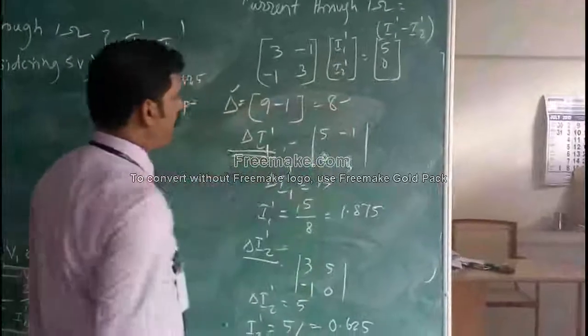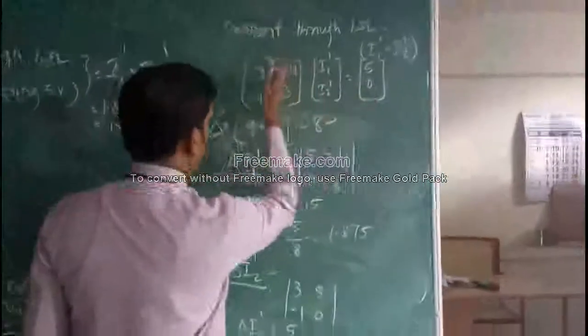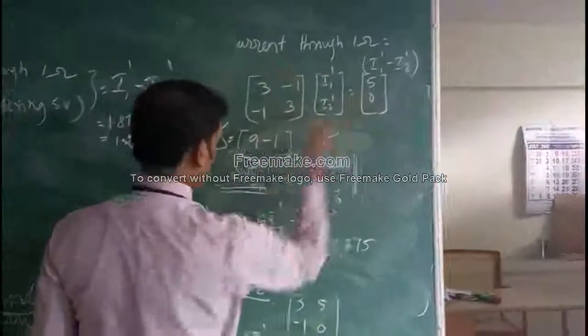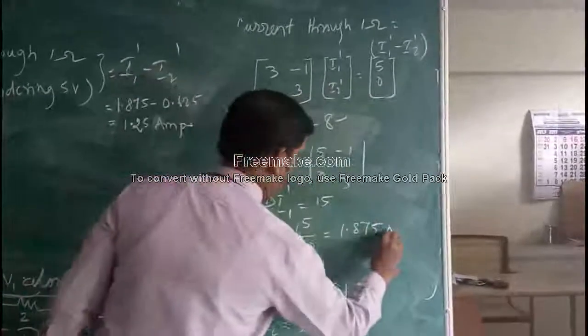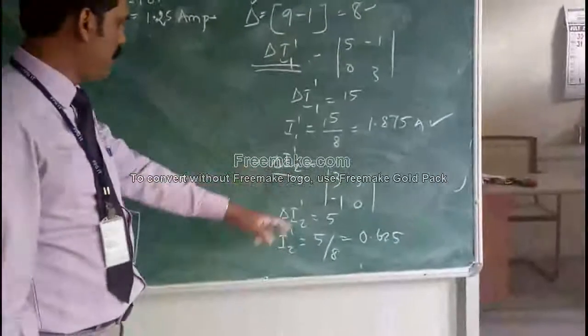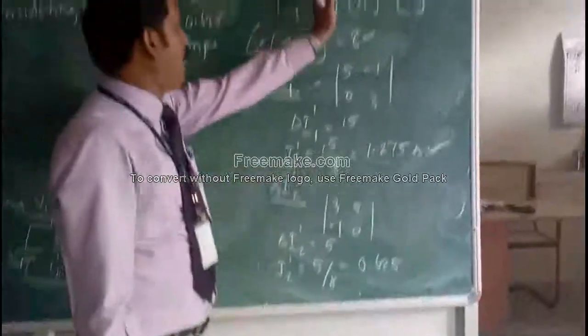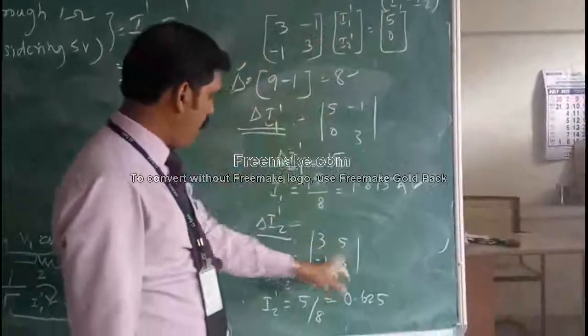Now I can use Cramer's rule to find the currents. So del is 8, the determinant of this one is 8. To find del I1 dash, we have to replace this column with 5 and 0. So del I1 dash is 15. So I1 dash is 1.875 ampere. Similarly, I can find del I2 dash. I have to replace the second column, minus 1 3, with 5 and 0, and I will get 5.